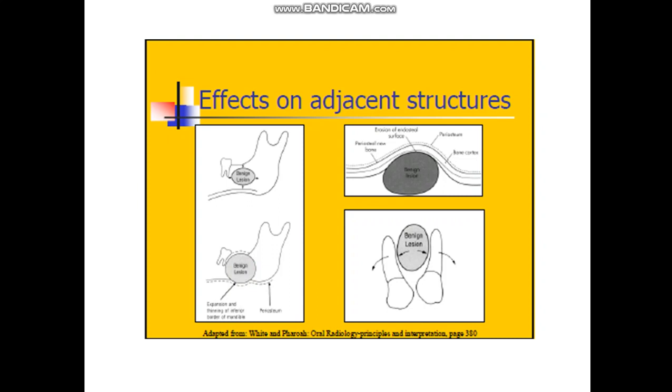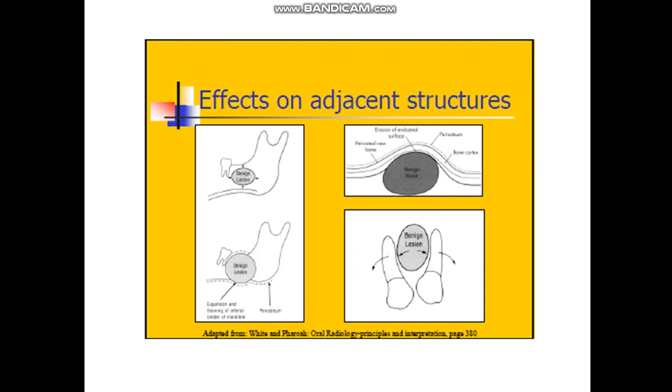Sometimes, because of the small size of the cystic lesion of the jaw, it could be discovered by routine radiographical examination. For example, if the patient needs extraction of a certain tooth, and we take an X-ray of this tooth, we may discover there is a cystic lesion and it is small.